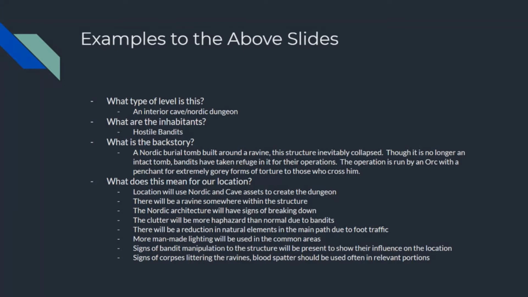And then you need to start thinking about how the background from the past and the current area are interacting with each other a bit more. So we talk about how the bandit structure may be interacting with the natural structure or the structure of the ancient Nords.